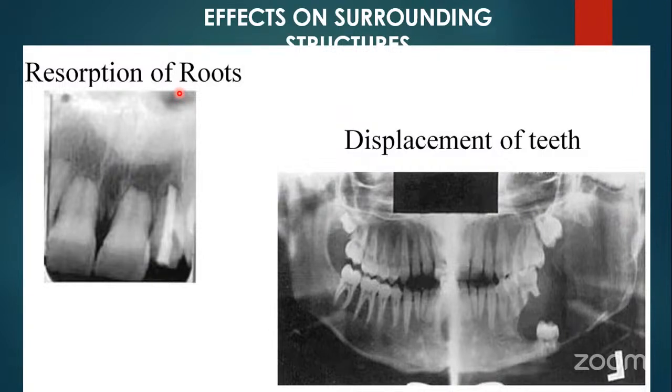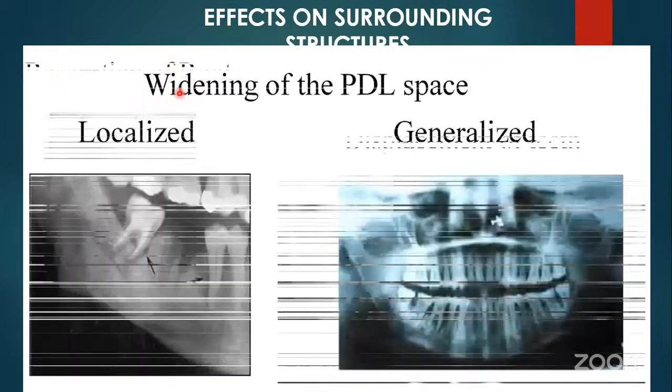Your neural structures, your inferior alveolar nerve canal and all that, can be displaced, or there can even be destruction of your neural canals. In worst cases, apart from destruction of your inferior alveolar canal, the inferior border of the mandible can also be destroyed, which can lead to pathologic fractures. So all these things will come under effect on the surrounding structures only.